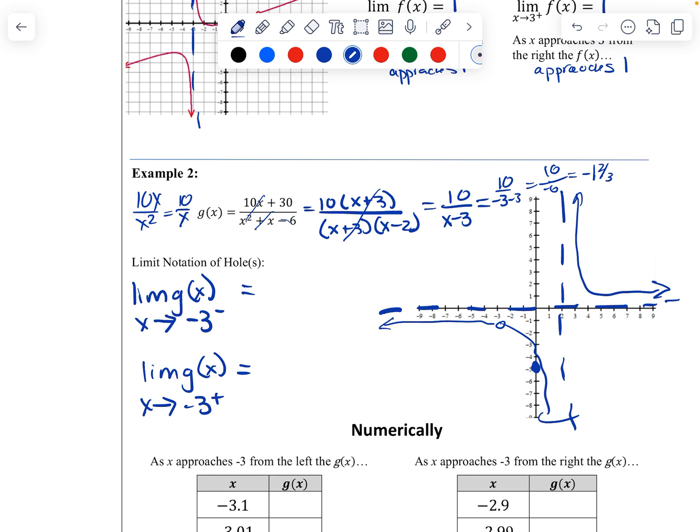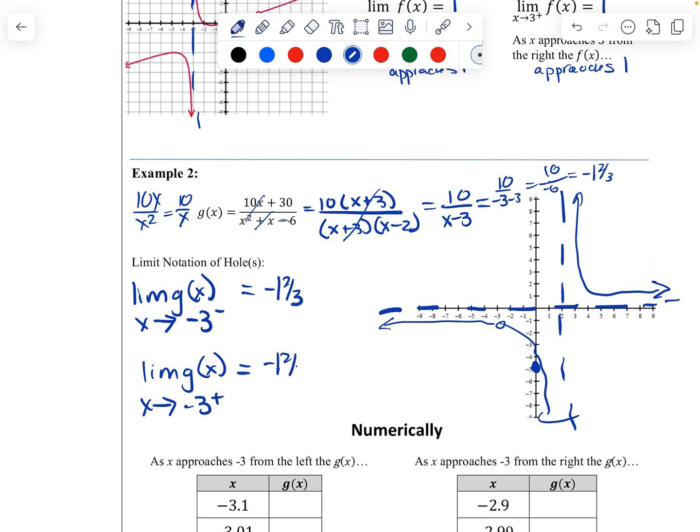So we could say our hole is at negative 1 2/3.